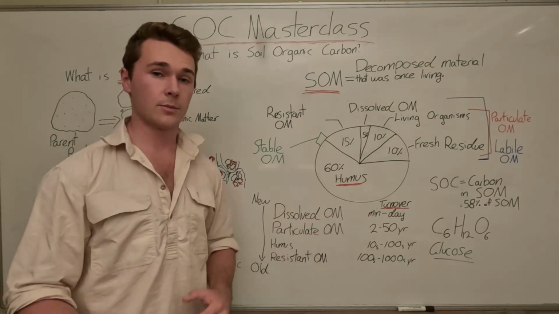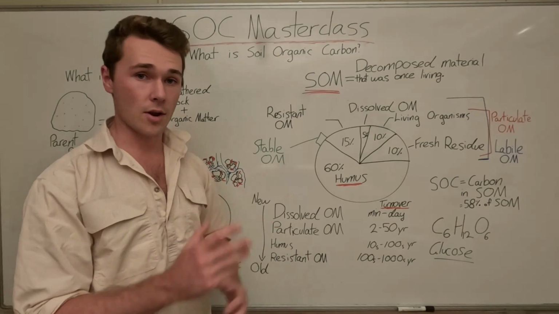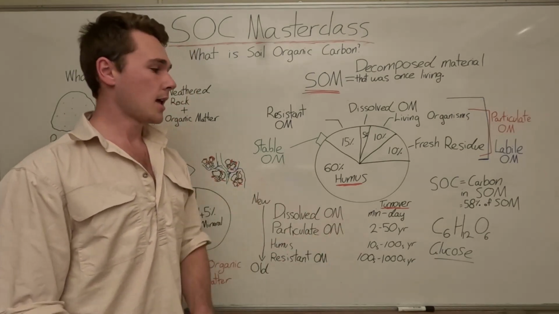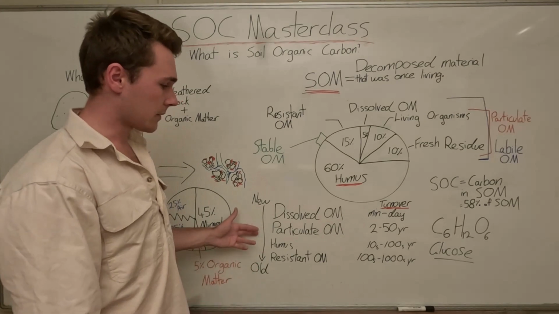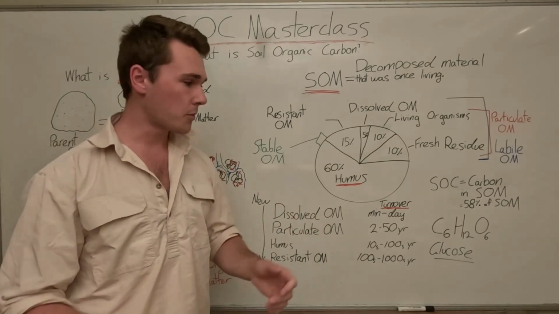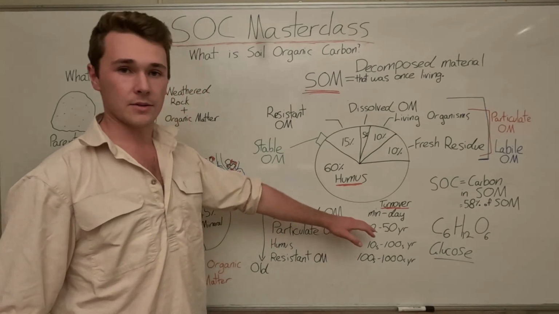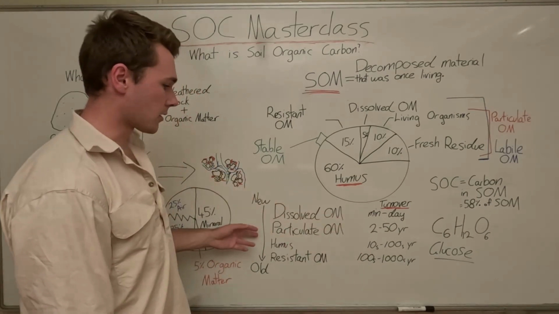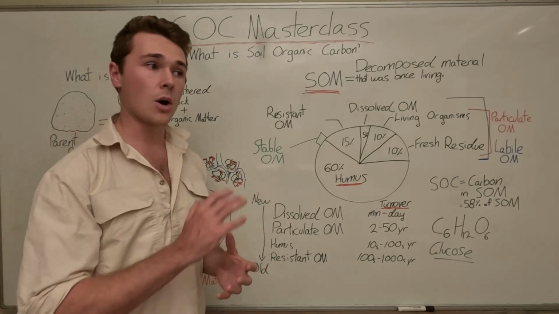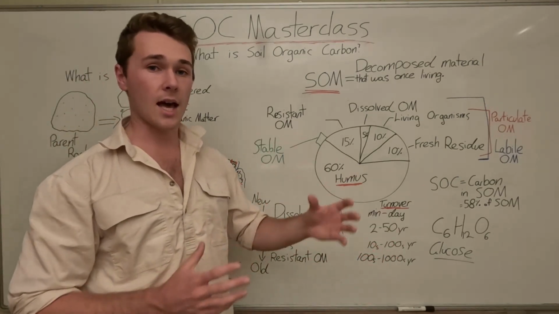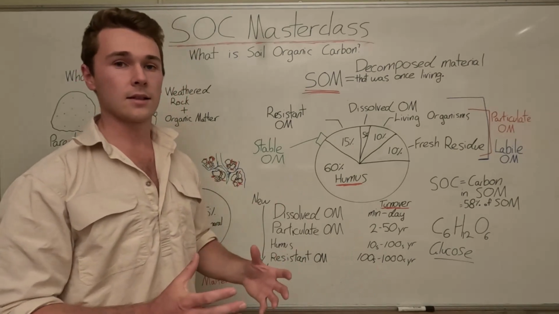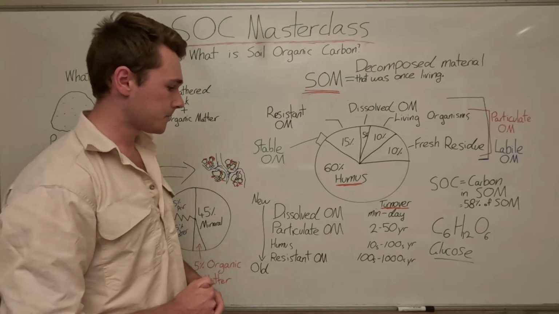Now, ideally it'd be really good if we have biology that can turn over a lot faster, so definitely sooner than 2 years, but some of the more tough things like hardwoods can take up to 50 years to decompose. So it really depends on the type of matter that we're breaking down. If it has a high carbon component, it's going to take longer to break down. A high nitrogen component, it's going to take a shorter amount of time to break down.